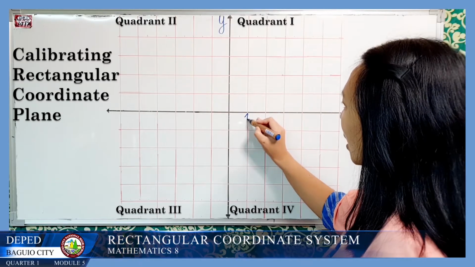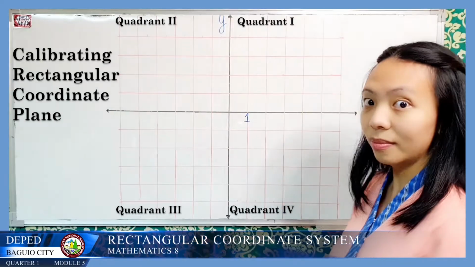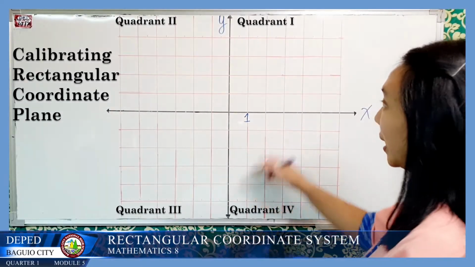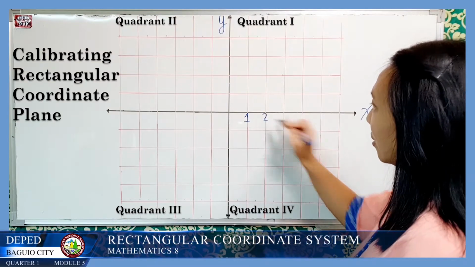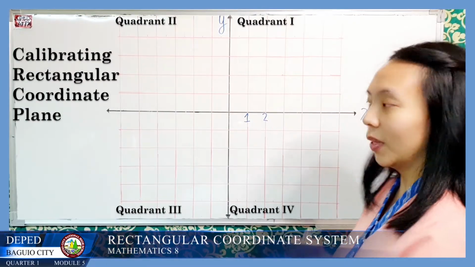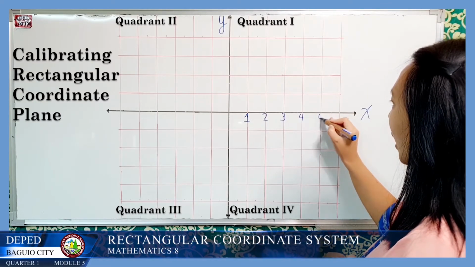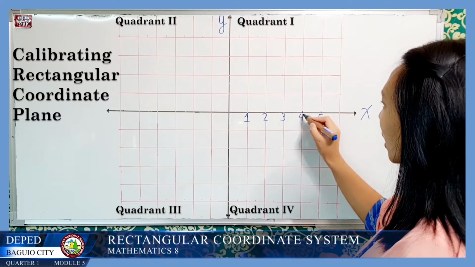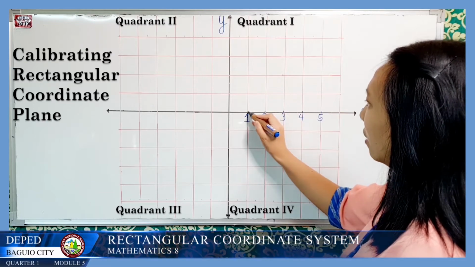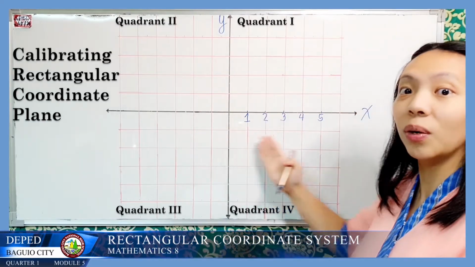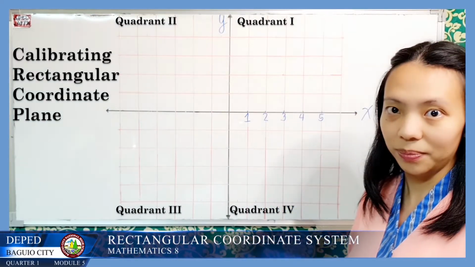Let this be 1. Therefore, the next unit should be 2, followed by 3, 4, and 5. All of these numbers are positive since we are going to the right of the origin.